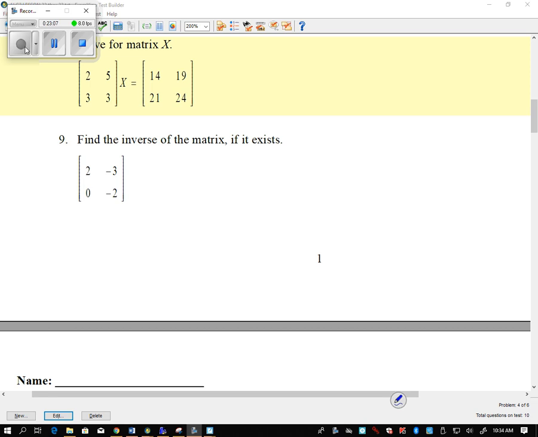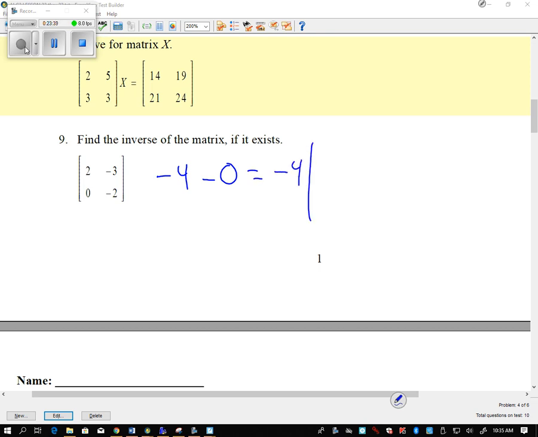I am interested to try this again to see if it actually will work, where we're doing the determinant and then multiplying by those things flipped. Okay. All right, so 2 times negative 2 is negative 4, minus 0 times negative 3 is 0, so we should just get negative 4 for that.